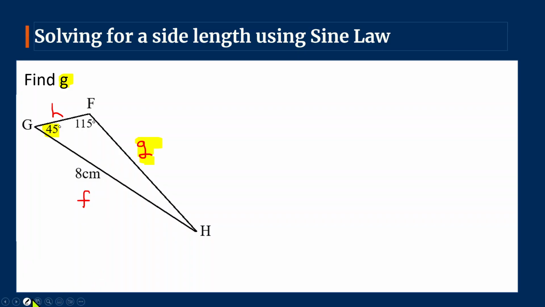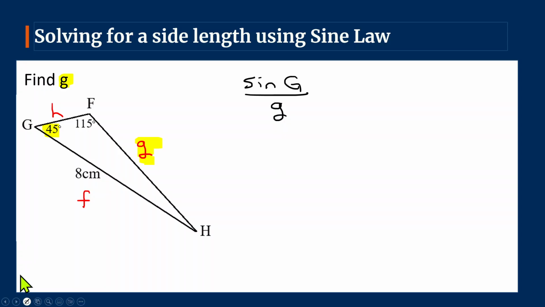That's great news because it means that I can set up something like this. I can say, well, sine G over G is going to be used in my question. Now, what else do I know?